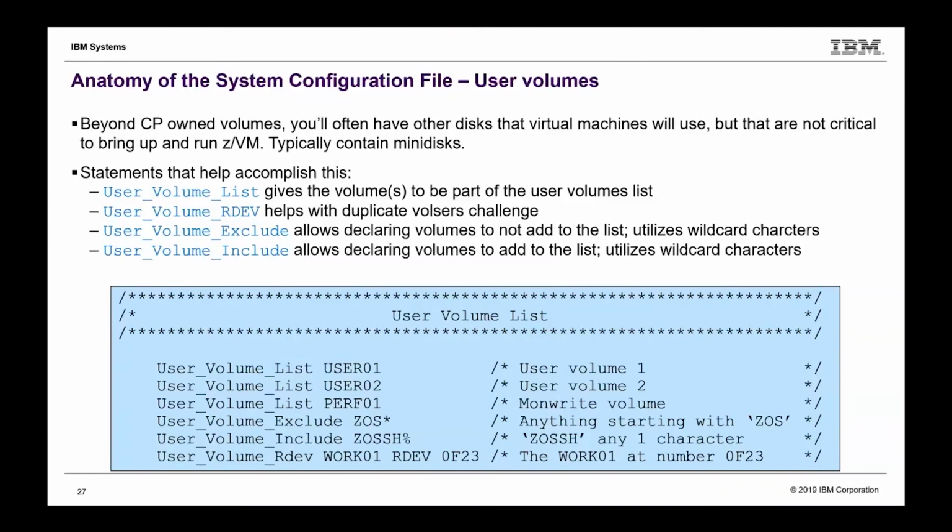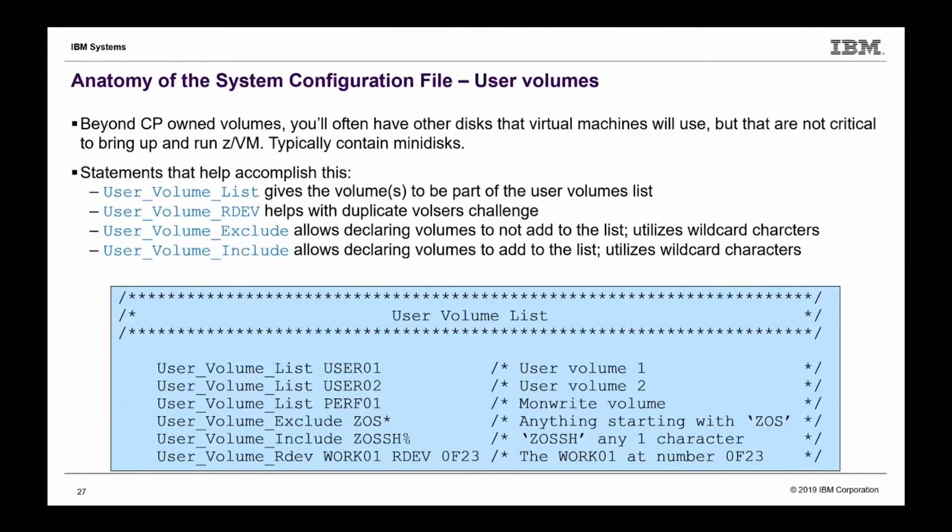So the other wildcard character that can be used is the percent sign. So that just replaces any one character. So in my example here, ZOSSH1 would be considered there valid, right? And be able to add that in. And then the last case is if I have specific real device numbers that I want to include in here as volumes. This can be helpful if I have multiple volsers. So a whole lot of systems out there that have user 01, maybe there's a user 01 for all 4 of my members in a cluster or something like that.